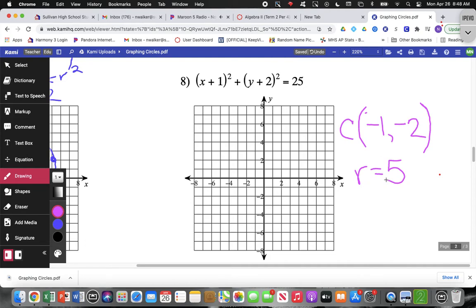So to graph this, how do I graph -1, -2? Go down 1, over 2 to the left. Ooh, I don't think so. X coordinate goes first. X axis is left and right. Left 1 and down 2. So my center is right there.